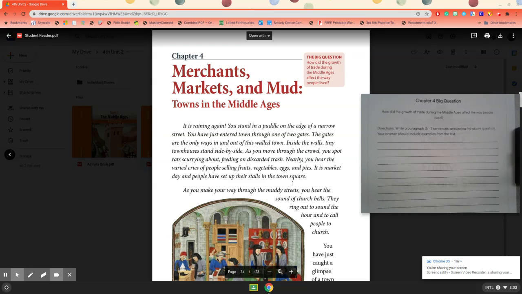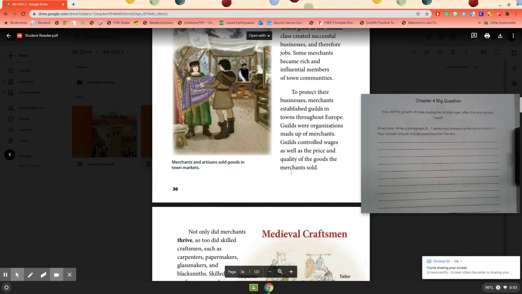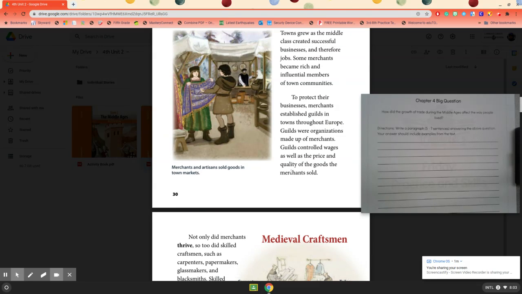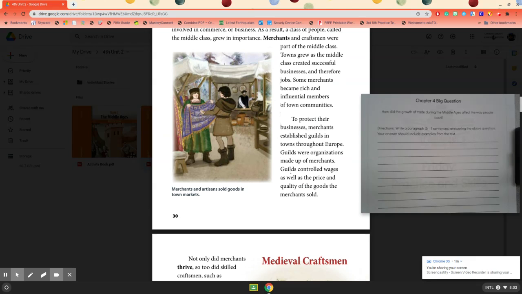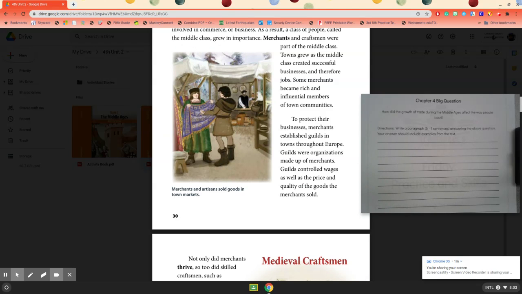So what I did is I glanced through, if the computer's going to move, and I found in the text where it starts talking about trade. It's on page 30. Then what I did is I went through and I read pages 31 and 32, or wait, 30 and 31, because that's where it mostly talks about the growth of trade.